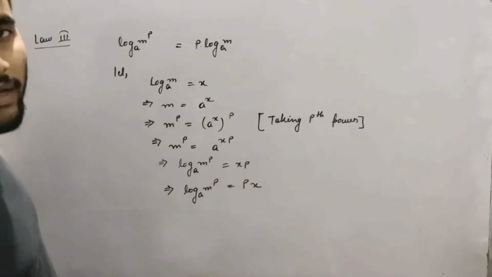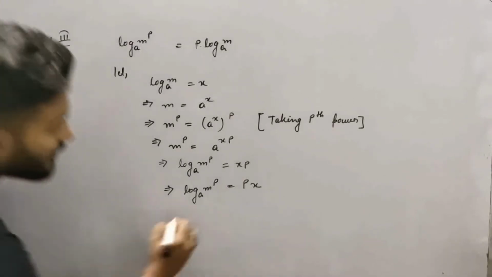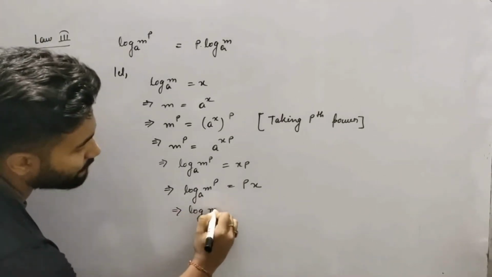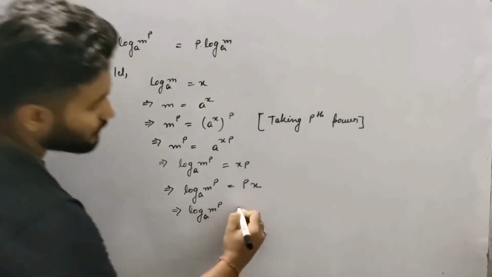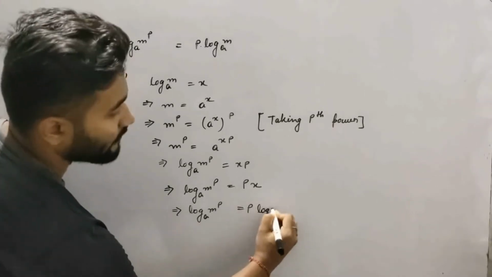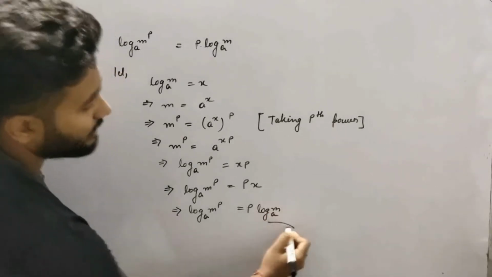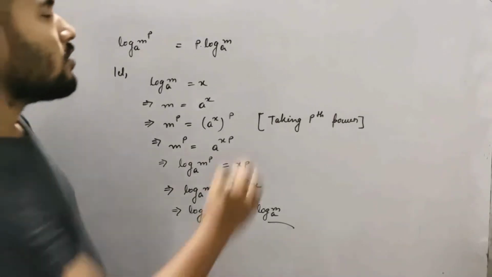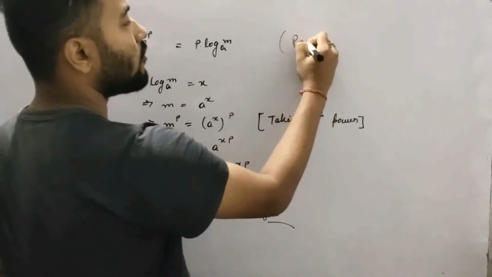So the last line: log m to the power p base a will be equal to p into, put the value of x, log m base a. And that is our third law, which is known as the power law, or you can say power formula.